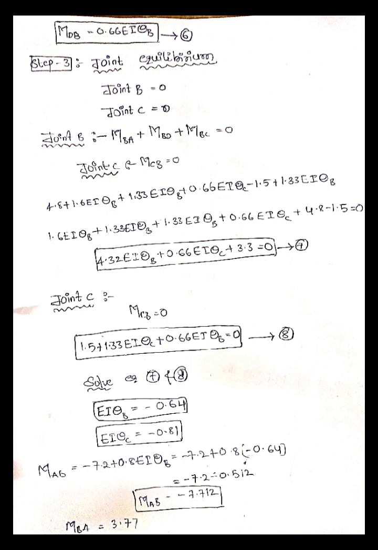Substituting those equations here, we will get the 7th and 8th equations. Solving the 7th and 8th equations, we will get EI theta B and EI theta C. Substituting in equations 1 to 6, we can find the end moments MAB, MBA, MBC, MCB, MBD, MDB, everything, by substituting these EI theta B and EI theta C values. In this way we can find the final end moments.